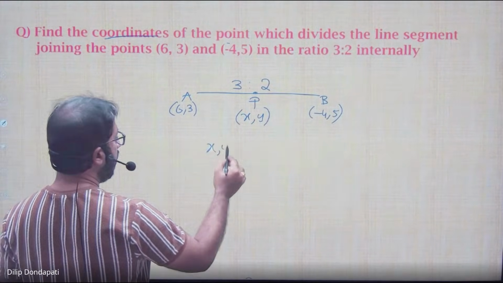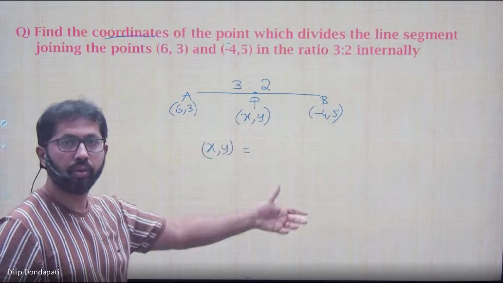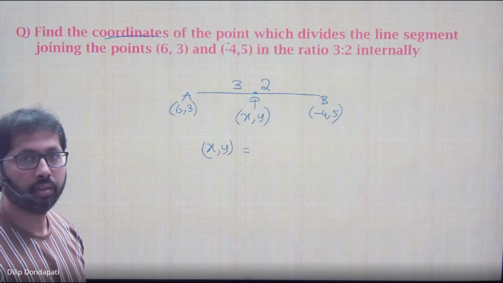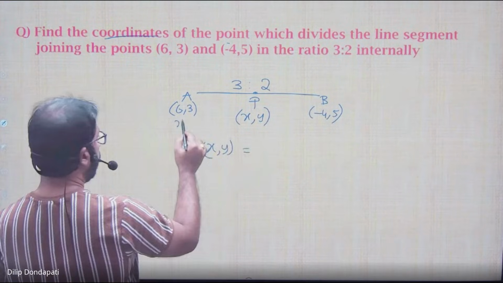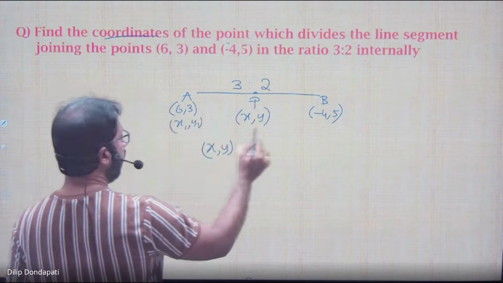Sir, by using X and using Y, will we get two different answers or the same answer? X and Y same answer will get. Same answer means coordinates will be different. This is x1, y1, x2, y2.